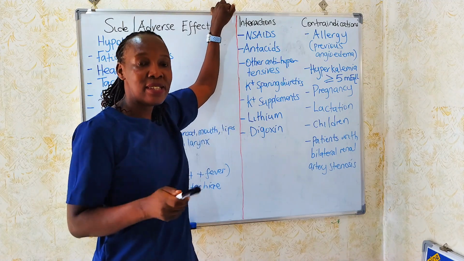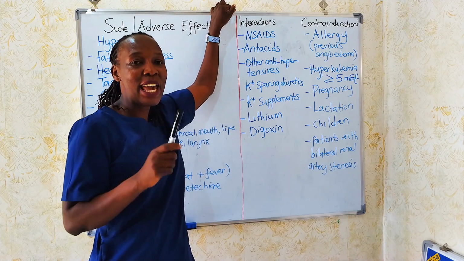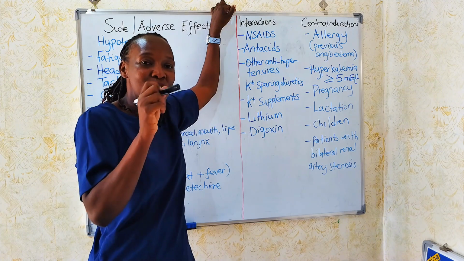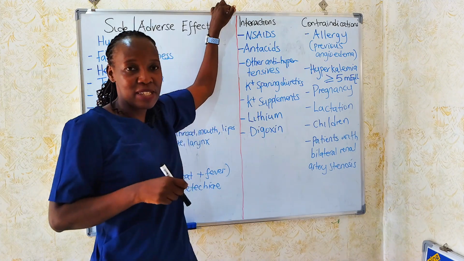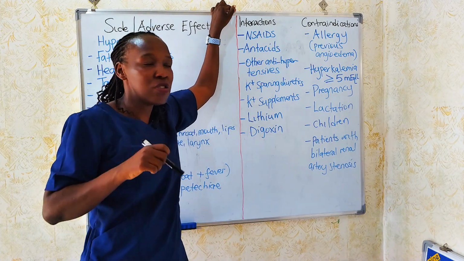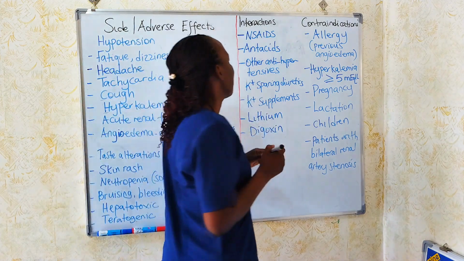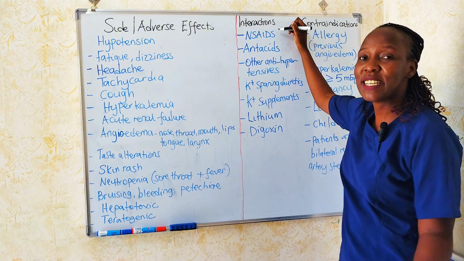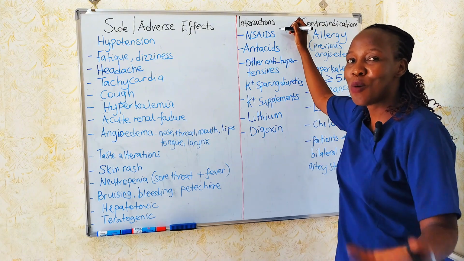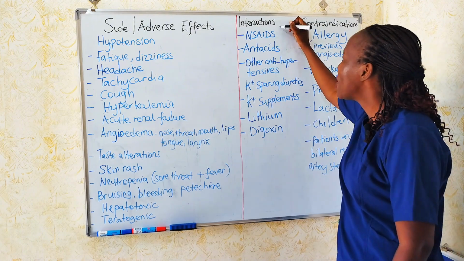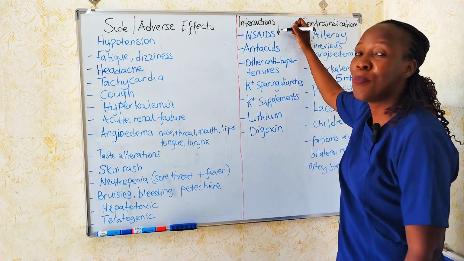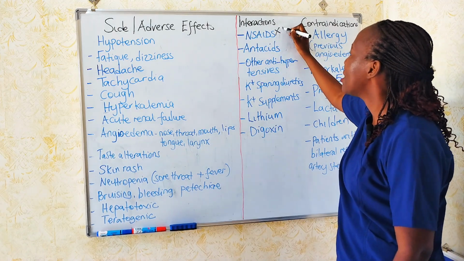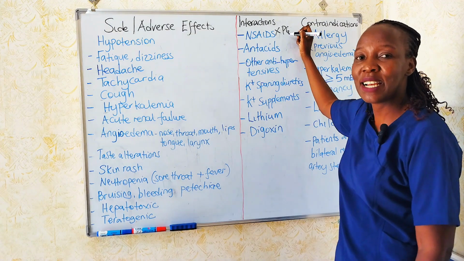When you give NSAIDs together with ACE inhibitors, NSAIDs are going to reduce the response to ACE inhibitors, the blood pressure reducing effects of ACE inhibitors. How does this happen? NSAIDs, non-steroidal anti-inflammatory drugs, a common class of drugs that we know, work by blocking the production of prostaglandins.